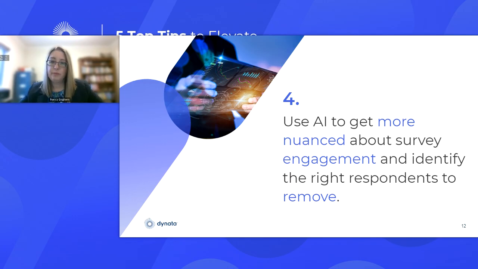When we start removing people from the survey, especially for being disengaged at some point, we run the risk of actually biasing our data and skewing representativity. So we cause one issue while we're trying to solve another. AI can help us make those decisions in a more nuanced fashion, in a more consistent manner across surveys, and in an automated way, all of which helps guard bias in your studies and which saves you time.